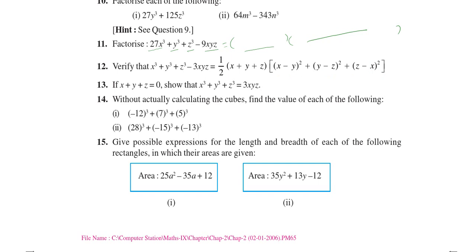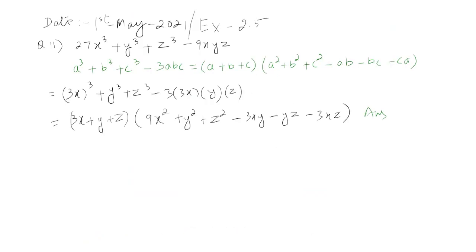So I'll write this question now. This is question number 12. You have to verify that x cube plus y cube plus z cube minus 3xyz will be equal to half x plus y plus z in one bracket, right?